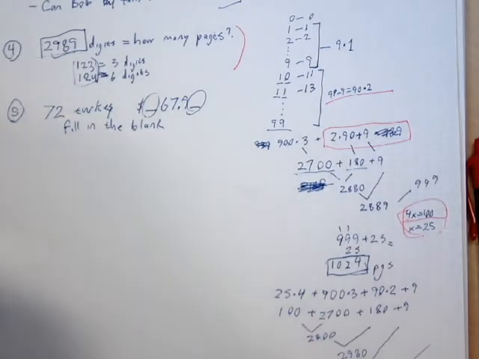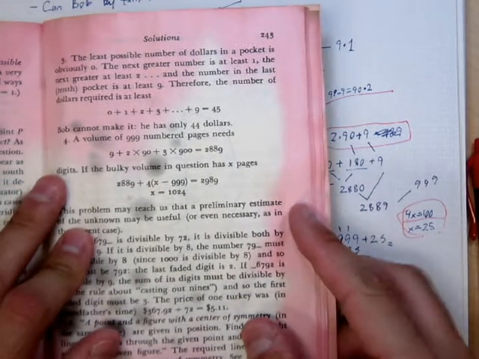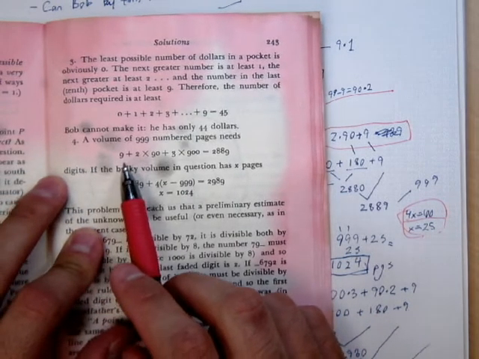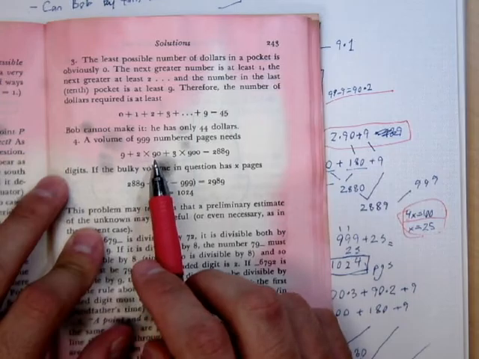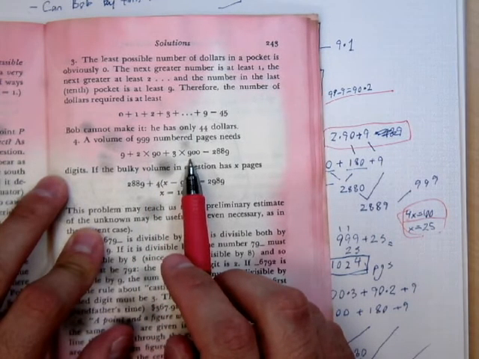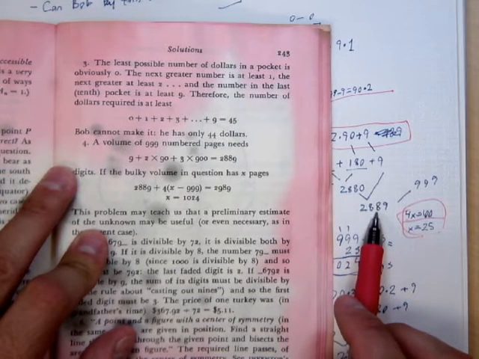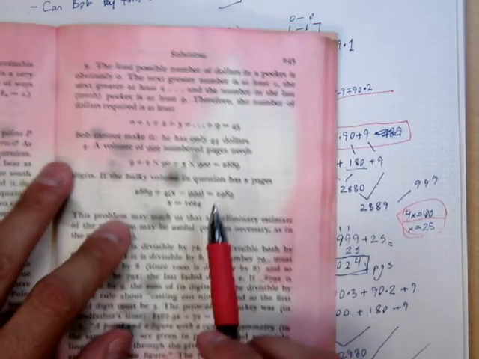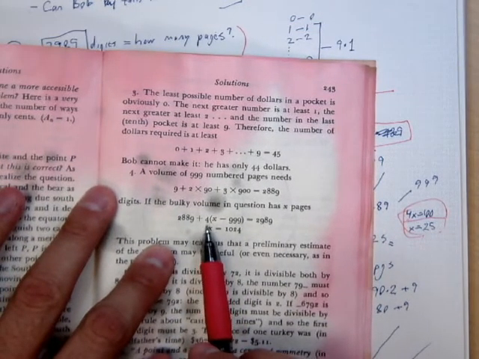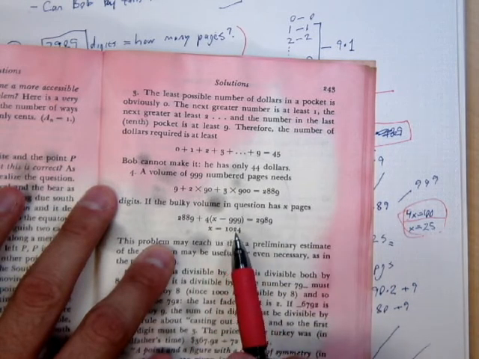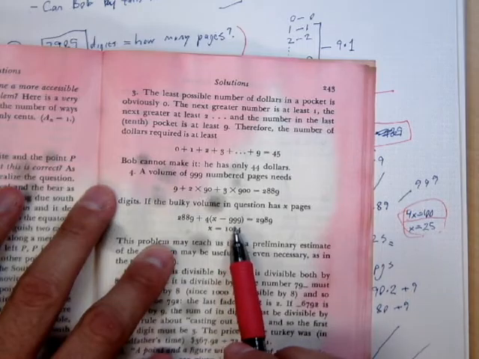And then he arrives at a solution of the same thing. So you get 9 plus 2 times 90 plus 3 times 900 is 2889. And so then we need to look at 4 times x minus 999 to get the number of pages missing.